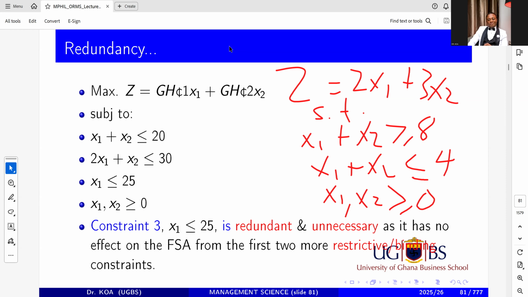This is the last and the easiest. Infeasible. Please write your answer down.